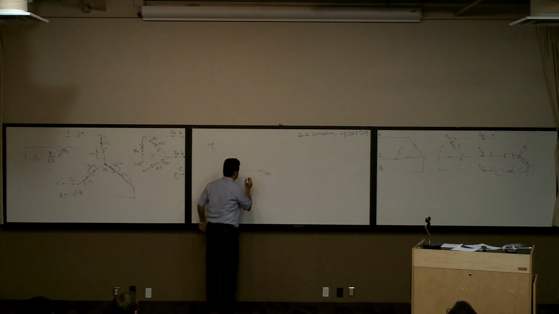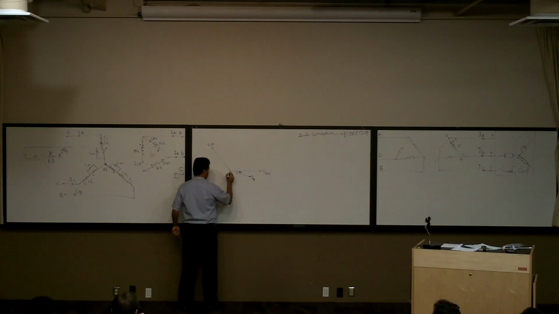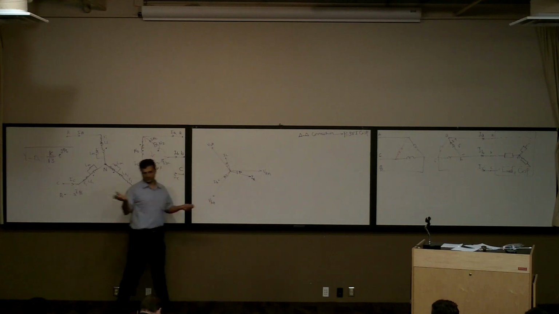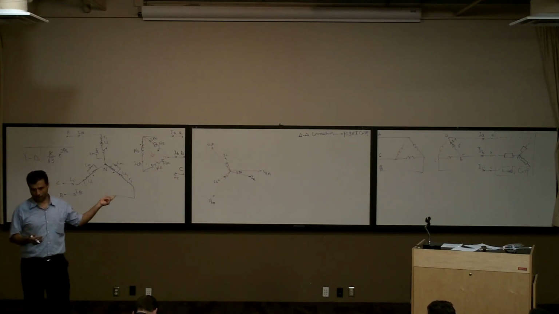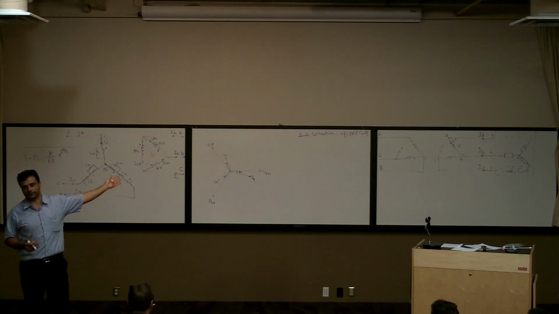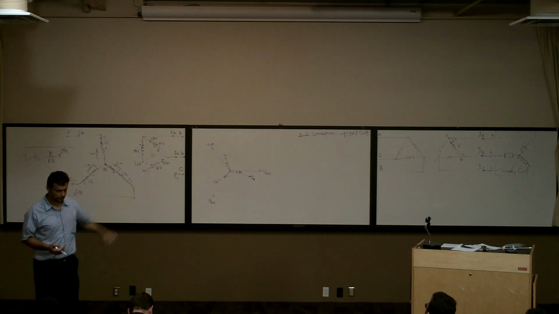So for example, IA is lagging, assume lagging. So IA is going to be here, IB is going to be here, and IC is going to be here. It's a balanced 3-phase load with lagging power factor, so the current is lagging phi degrees with respect to the voltage.